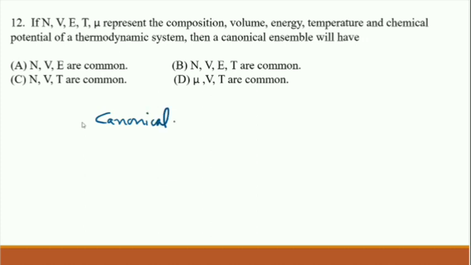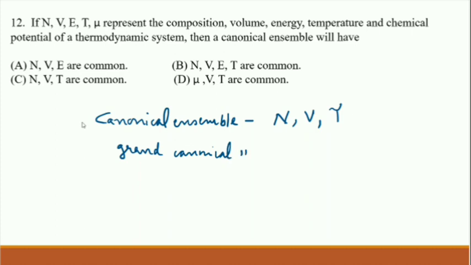In a canonical ensemble, the common or constant functions are N, V, T: composition, volume, temperature. And in a grand canonical ensemble, the common functions are chemical potential, volume, temperature. So the question is about the canonical ensemble, so the answer is N, V, T.